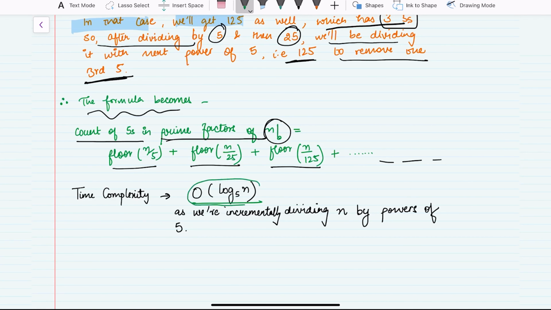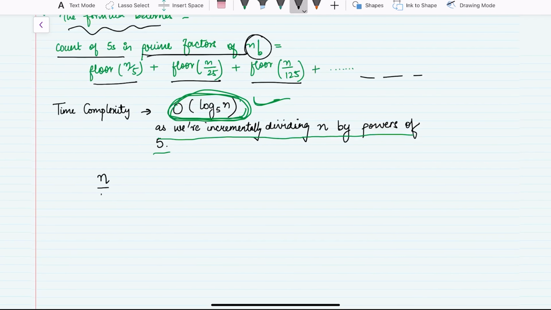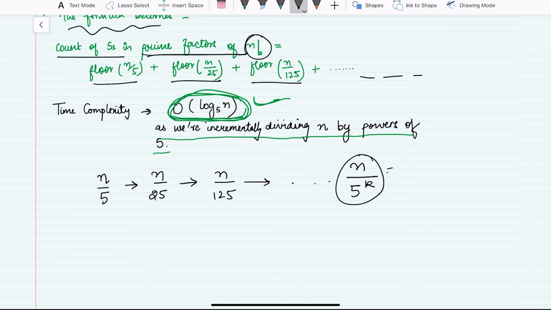What was the question? That we have to find the logarithmic time complexity, and we have actually achieved that. So why? Because we are incrementally dividing n by powers of 5. First we are dividing n by 5, then n by 25, then n by 125, and so on till n by 5 to the power k reduces to 1.